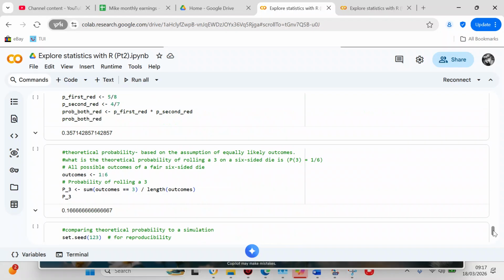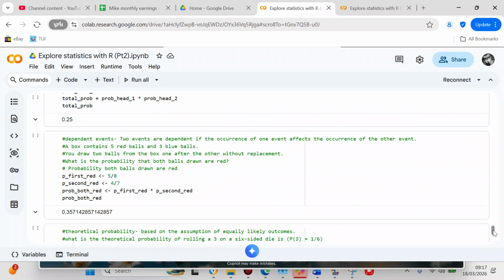So the next thing we have is dependent events. Two events are dependent if the occurrence of one event affects the occurrence of the other event. A box contains 5 red balls and 3 blue balls. You draw 2 balls from the box, one after the other, without replacement.